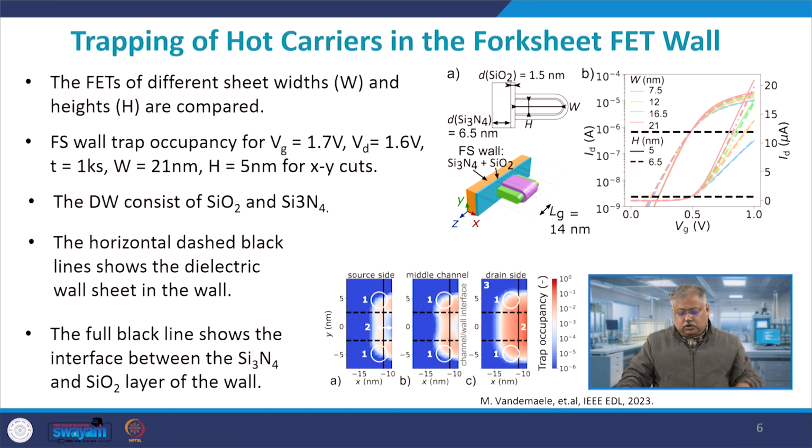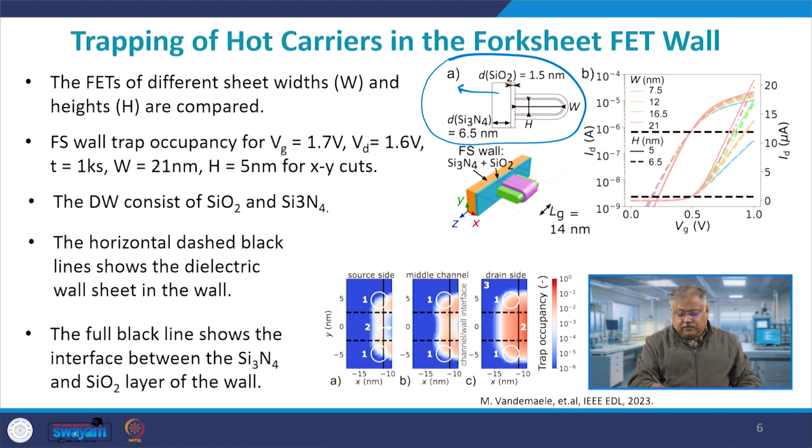Look at the Forksheet. On the right hand side, you have this figure A. If you look at figure A for the time being, the thickness of the silicon dioxide is 1.5 nanometer, and the dielectric wall is silicon nitride, Si3N4, with a thickness of 6.5 nanometer.